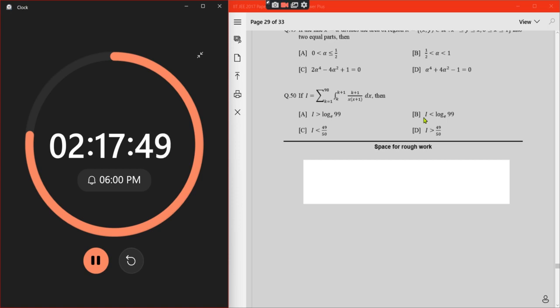और क्या है? I is bigger than 49 upon 50, less than 49 upon 50. Oof. 49 upon 50. ये वैल्यू कहाँ से आ रही है? Natural log of 99, is that close to this or something? 49 upon 50. What?